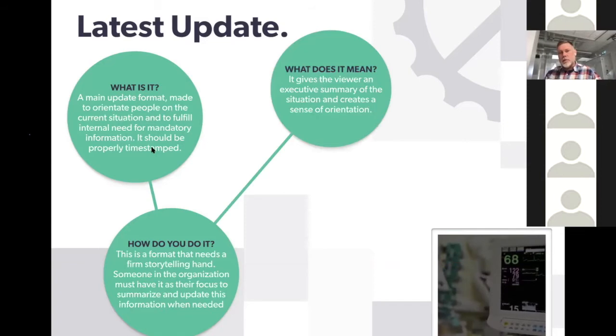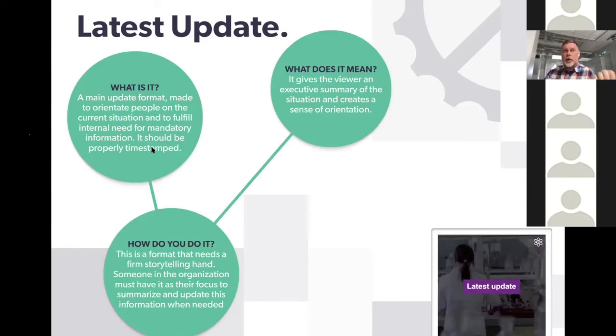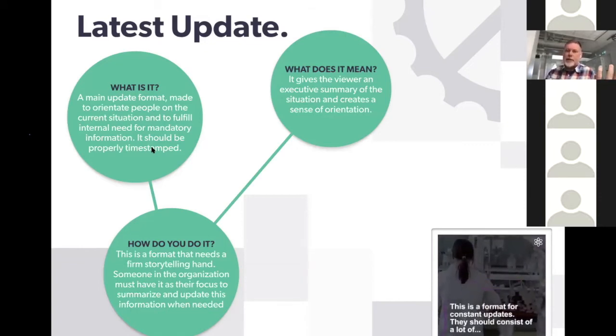So once again, what does this mean for the viewer? When I talk about what it means, you can look at it as a way of trying to form your script. In this case, this gives the viewer that executive summary and creates a sense of orientation.